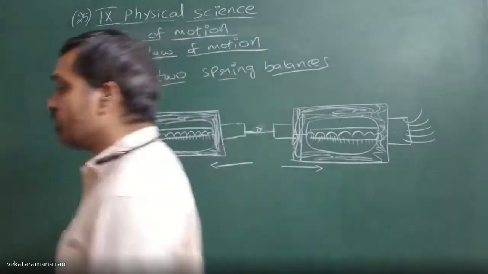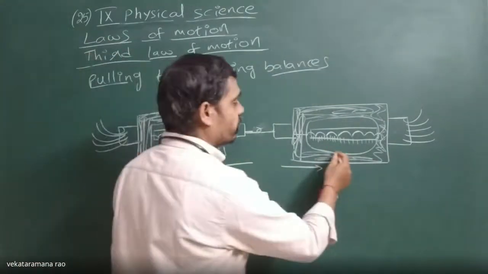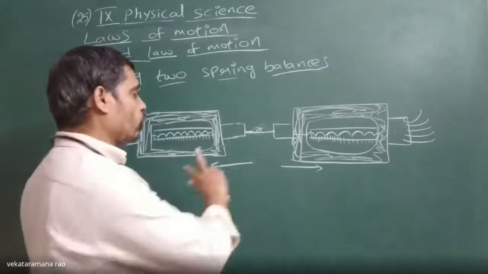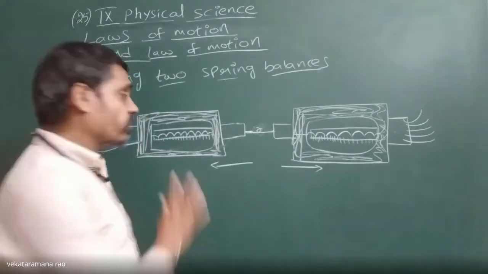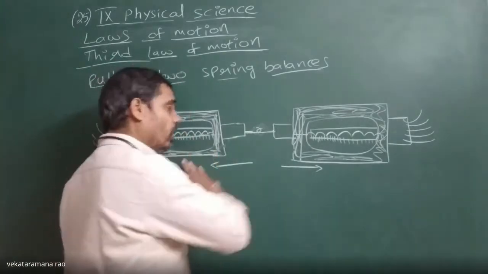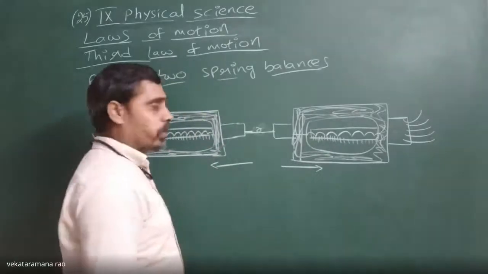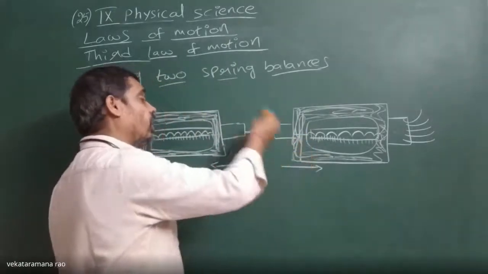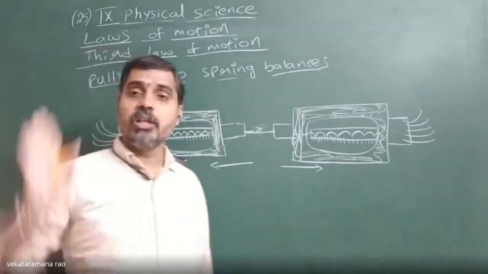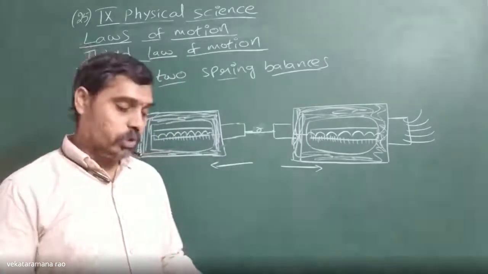Suppose the force applied by the first spring is action, then the force applied by the second spring is reaction. The action force is applied by the first spring on the second spring balance, and the reaction force is applied by the second spring on the first, but the two forces are not acting on the same spring balance. In this way, we can state Newton's third law.